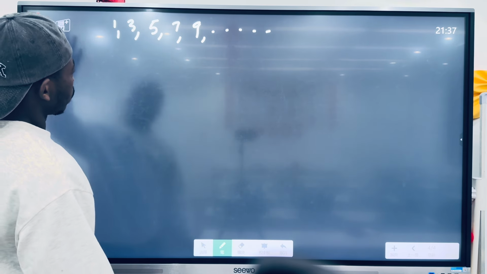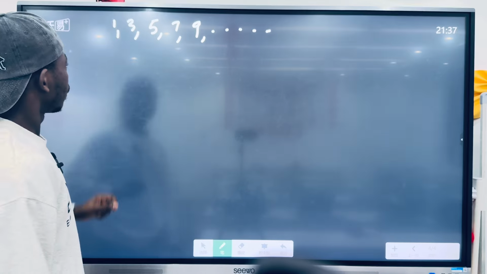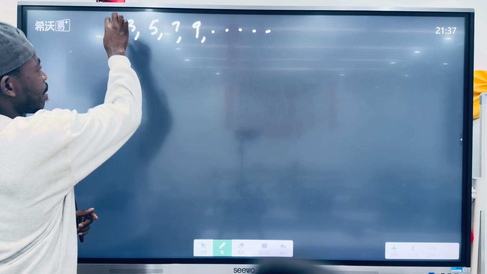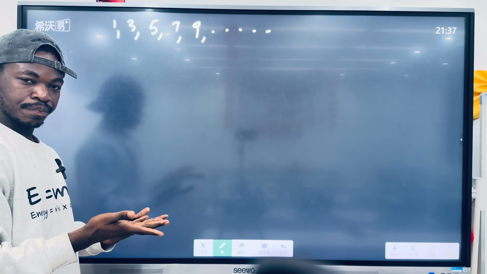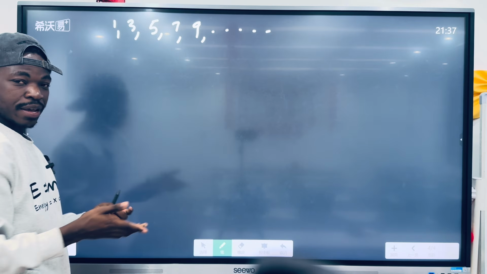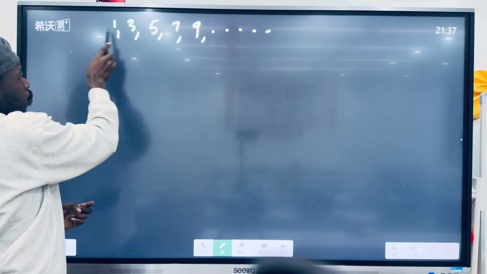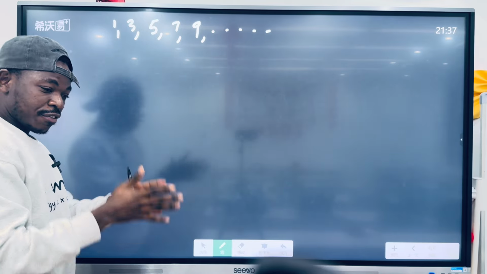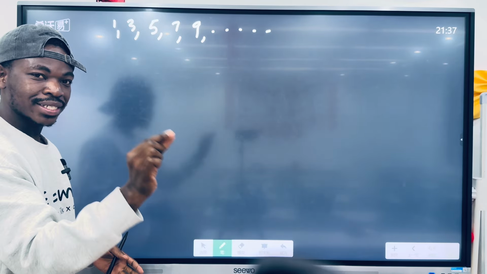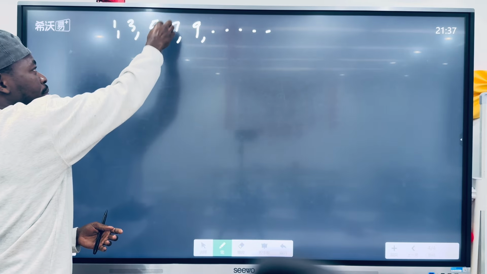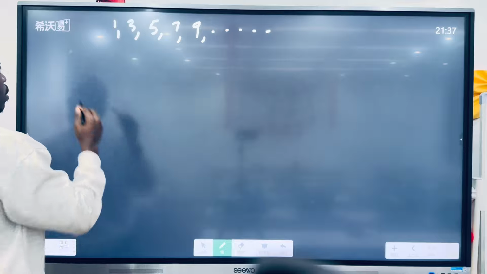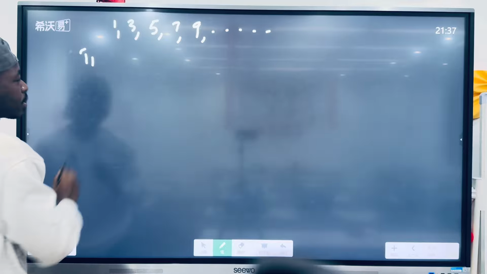So let's see what's happening to the terms here. Each number in a sequence is called a term. Then the position of a term, for example, this one is in the first position, so we call it the first term. This is the second term, third term, fourth term. So we can use T1 to represent the first term.